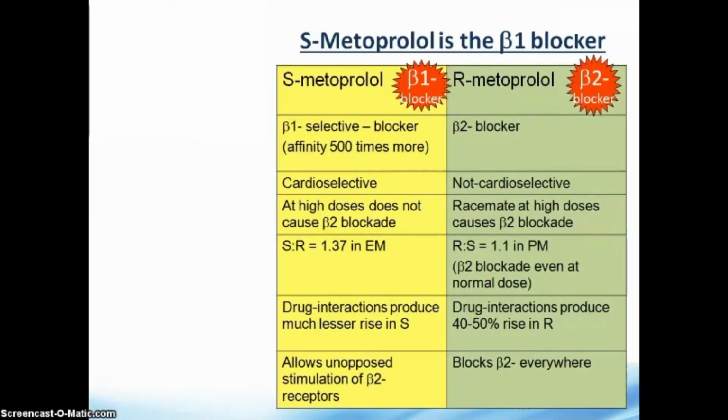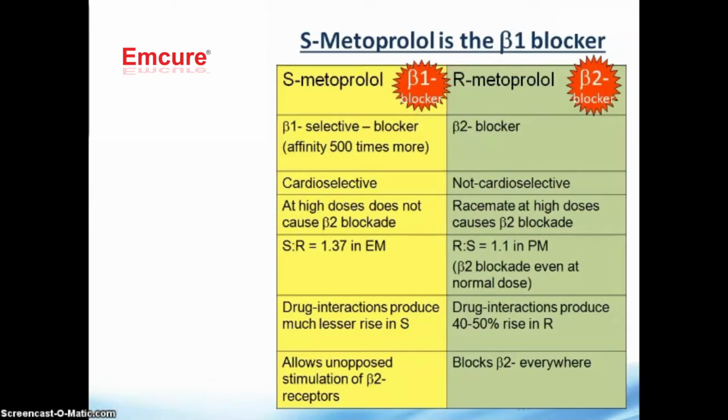So in extensive metabolizers, S is definitely more and it produces the positive effects of beta 1 blockade, whereas when you give a racemate, there is a 1:1 ratio in poor metabolizers. So beta 2 blockade occurs even at normal doses when a racemate is given in poor metabolizers.